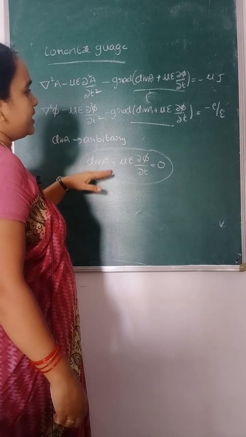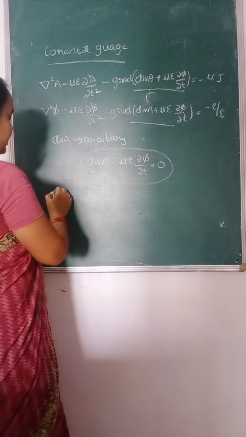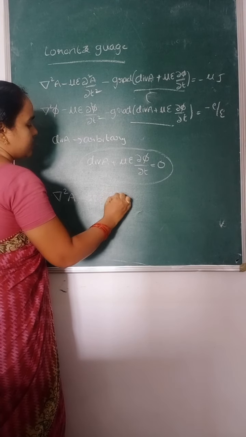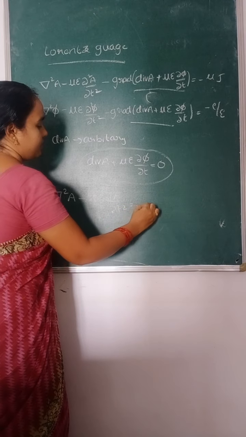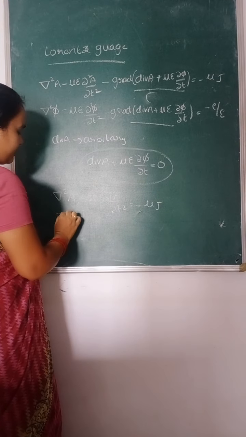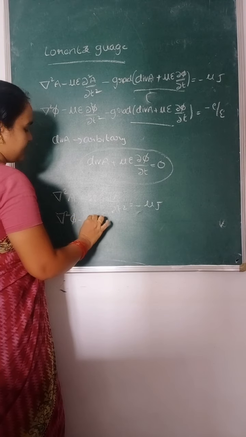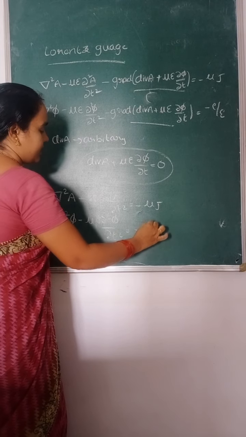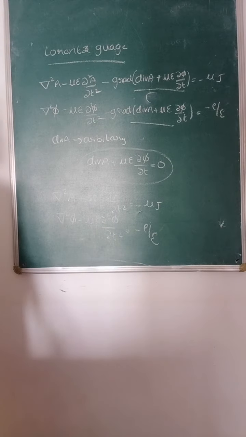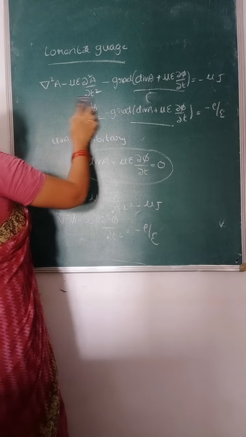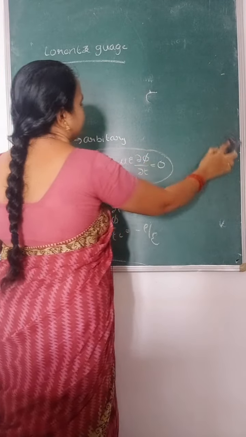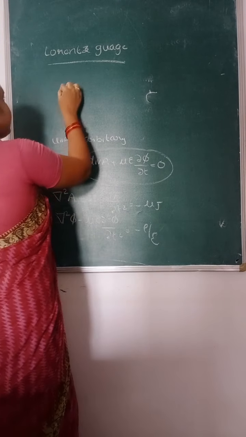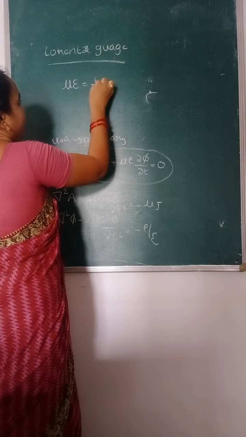So under the Lorentz condition, these two equations will be converted to del square A minus mu epsilon dou square A by dou t square is equal to minus mu J. And the next equation is del square phi minus mu epsilon dou square phi by dou t square is equal to minus rho by epsilon. We have calculated that mu epsilon is equal to 1 by v square.